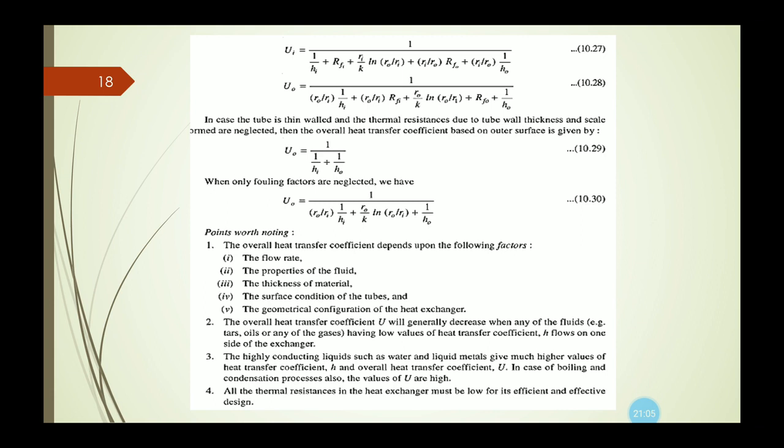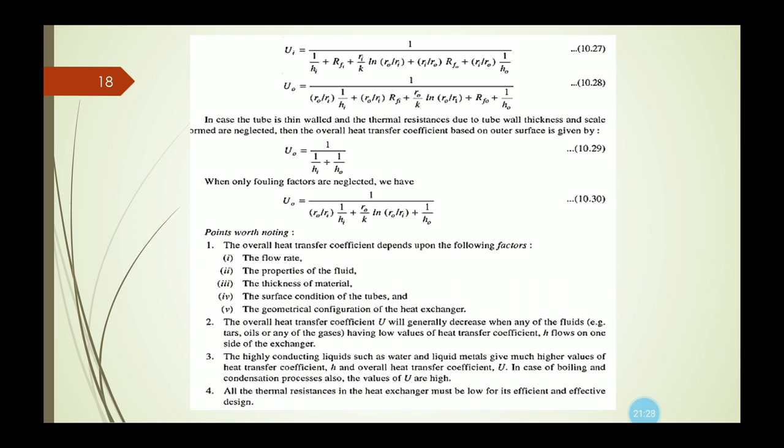In that case, the formula of the overall heat transfer coefficient for the inner surface is equation number 10.27, and the formula for the overall heat transfer coefficient for the outer surface is equation number 10.28.